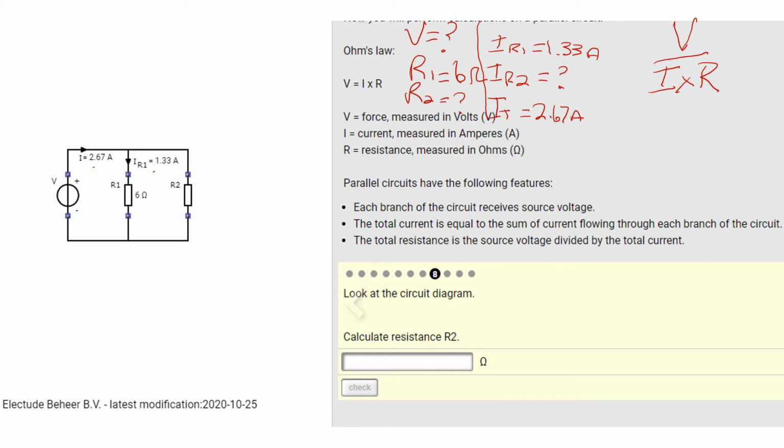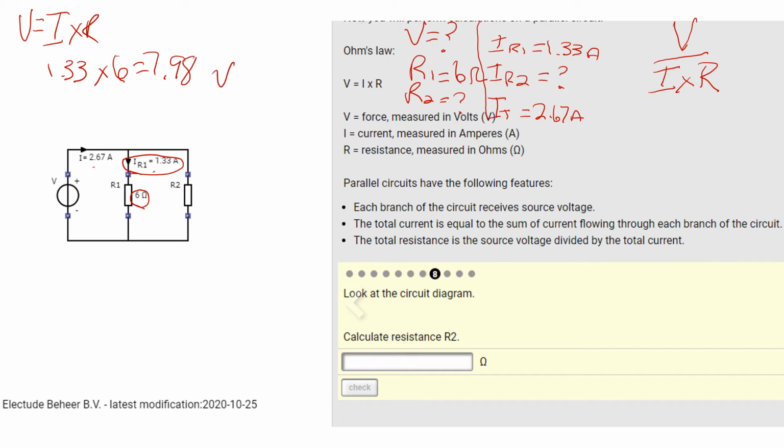So let's calculate voltage first. V equals I times R. If I'm looking at this circuit right here, I know that the current in resistance 1 is 1.33 times my resistance here, which is 6 ohms, which equals 7.98 volts.